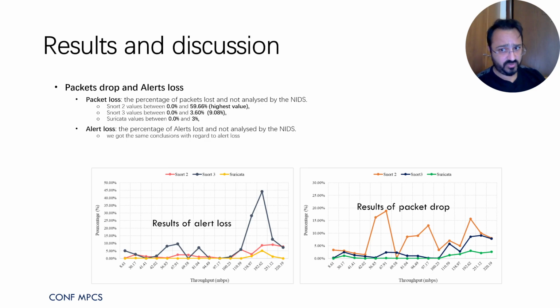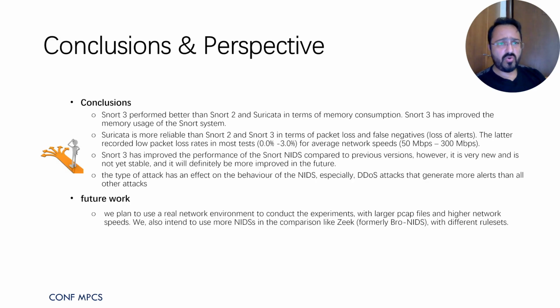But I would say the important thing for me is the packet loss, which was significantly higher in Snort 2 compared to Snort 3. So concluding, basically, we can see that indeed Snort 3 performance is better than Snort 2, and Suricata is better in terms of memory consumption.